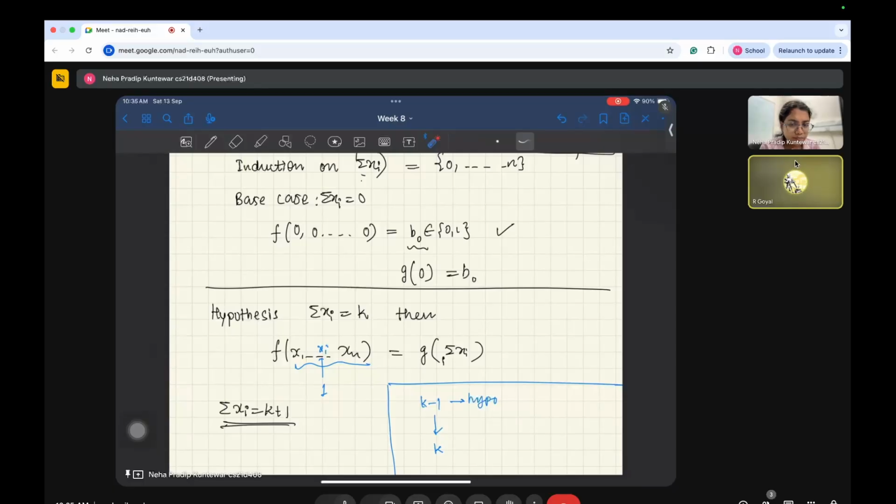So it is okay if I prove it for k plus one, and for the plus one element I told two possibilities: either it could be a zero or it could be a one. If it is zero, then this induction works because there won't be any change in the value, neither in f nor in g.